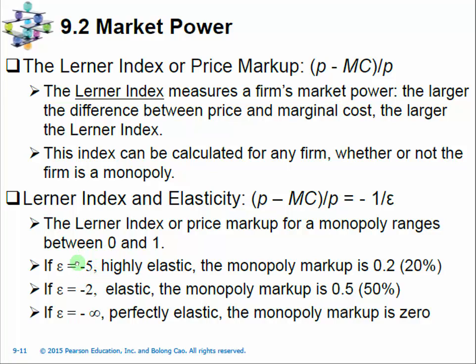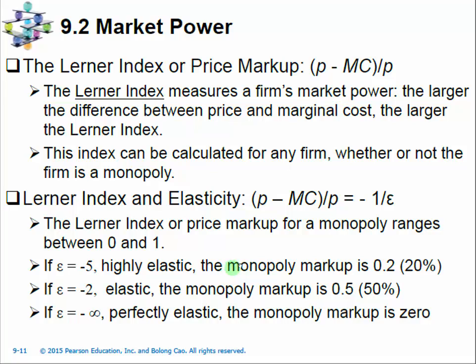For example, if epsilon is -5, which means the demand curve is highly elastic, the monopoly markup is 20%. It's basically 1 over 5, 0.2, 20%. If epsilon is -2, it's still elastic, not as elastic as -5, the monopoly markup is 50%.